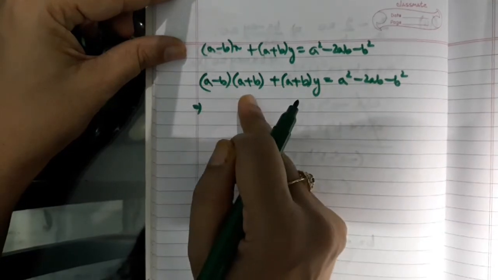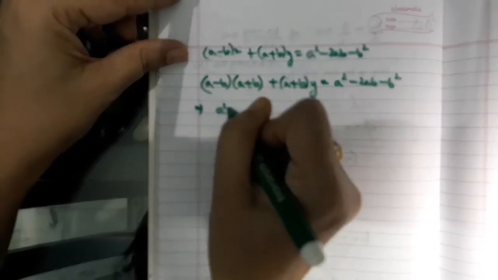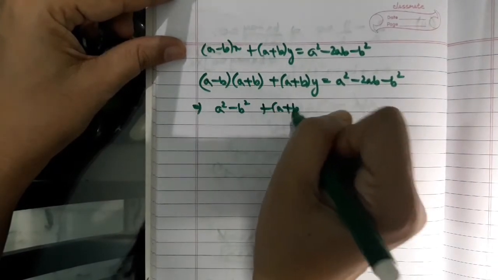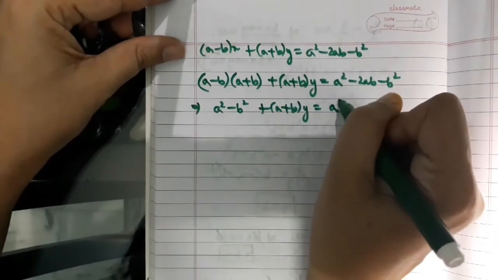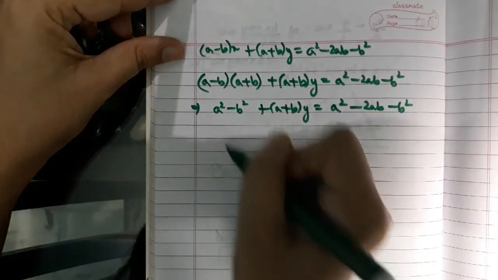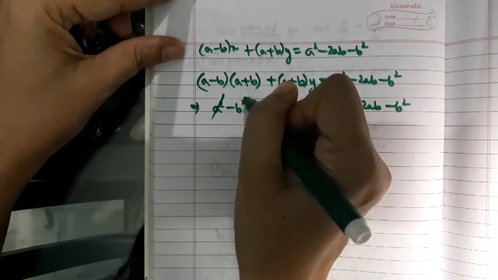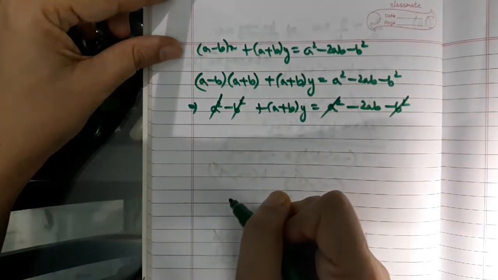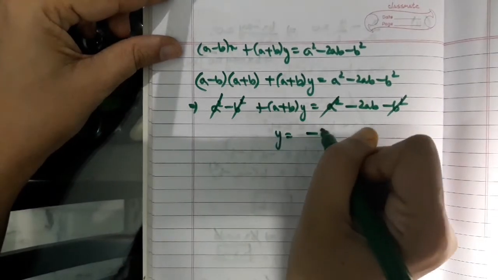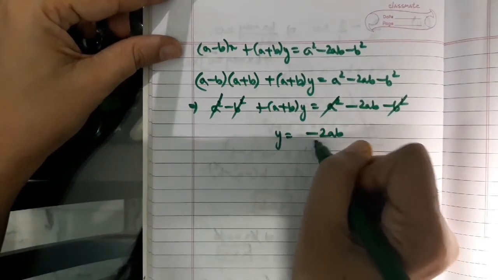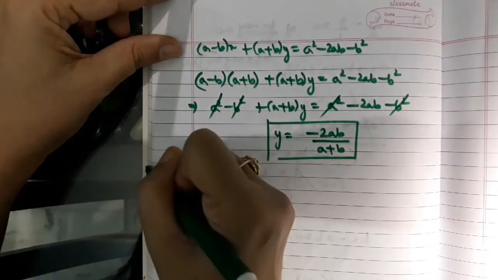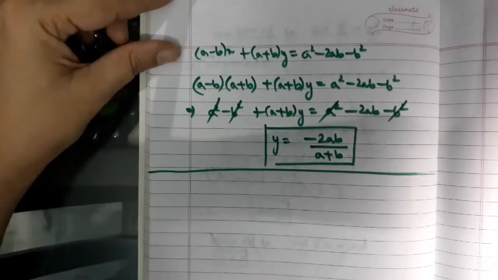A minus b into a plus b would be a square minus b square, plus a plus b into y is equal to a square minus 2ab minus b square. So a square gets cancelled, minus b square gets cancelled, and the value of y comes out to be minus 2ab upon a plus b. So this is your final answer.